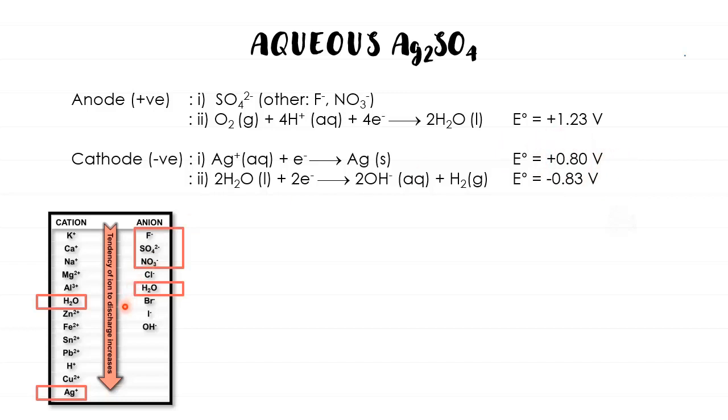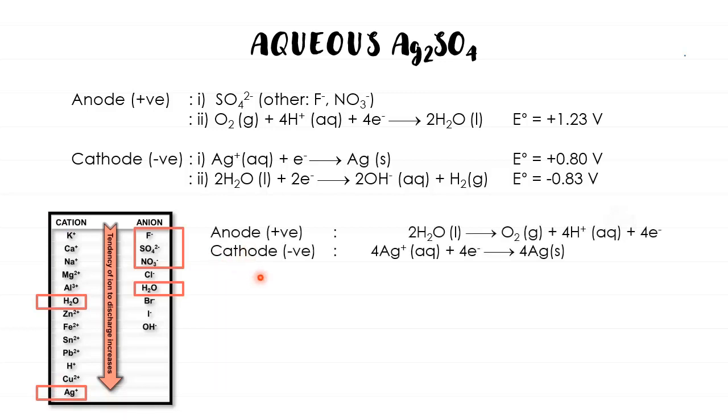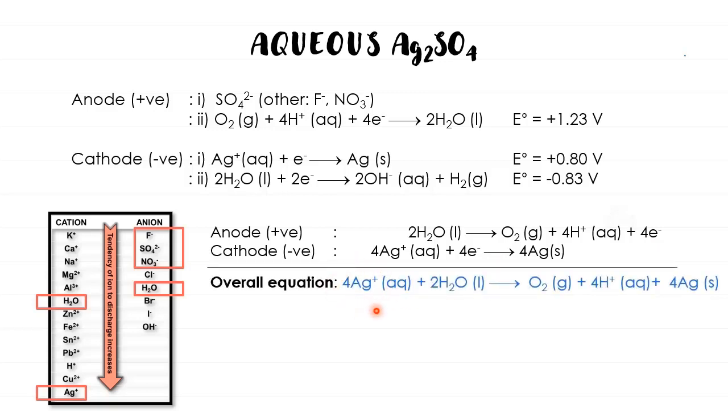If we look at the list as well, we have Ag lower than that of the water. Rearrange the equations at both anode and cathode to be oxidations and reductions, and then balance both equations by making the number of electrons equal, and then cancel them. Your overall equation will have 4Ag+ plus 2H2O to form O2 plus 4H+ and 4Ag solid.